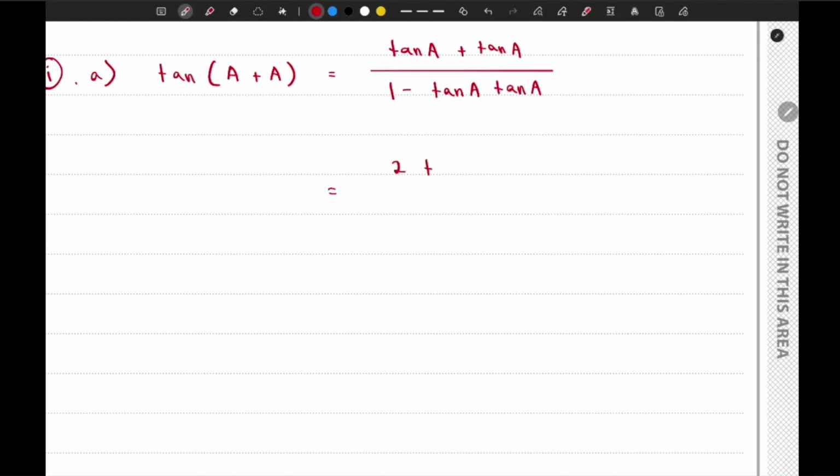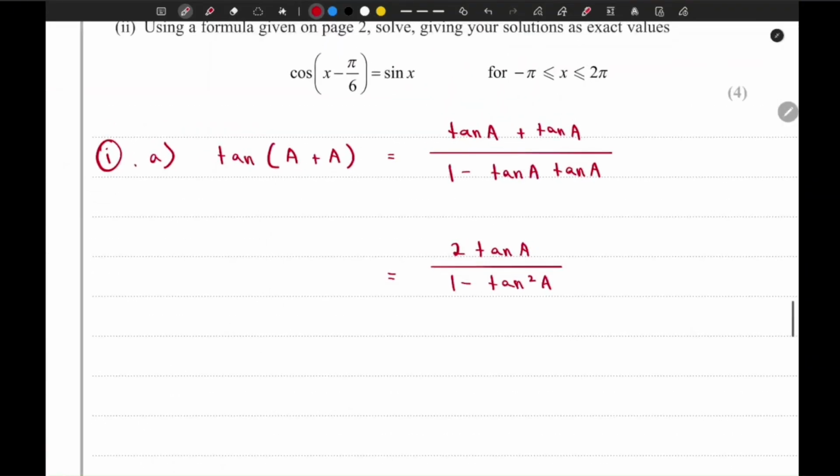If we simplify this, this will be 2 tan a divided by 1 minus tan squared a. So that is the answer to the first part of the question.